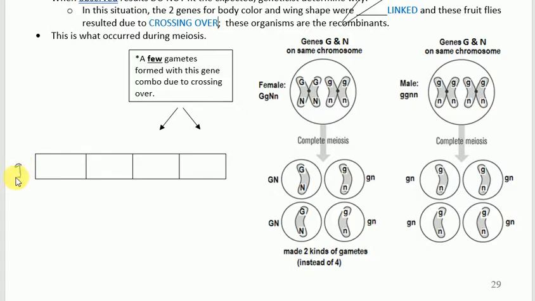If we do that cross, we still have our big G, our big N, little g, little n, but then crossover occurred, giving us a big G, little n, and a little g, big N. So because of that crossing over, it changes what we end up with.